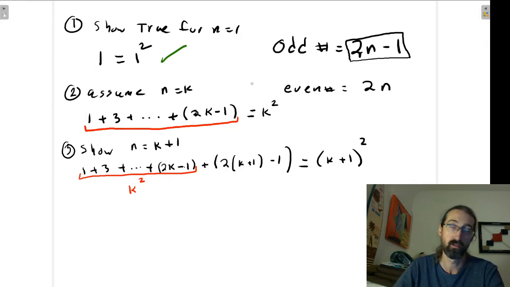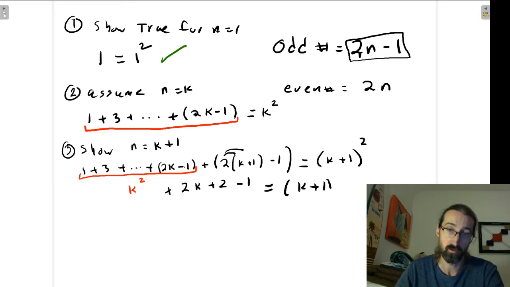And this is going to be true for all the proofs you do, using this assumption in the third step. And then we're going to say this k squared plus this next thing. So I'm going to distribute the 2 here. Get 2k plus 2 minus 1 should be equal to k plus 1 squared. So this is what I want to prove. I want to prove that all these things added together equal the same thing.